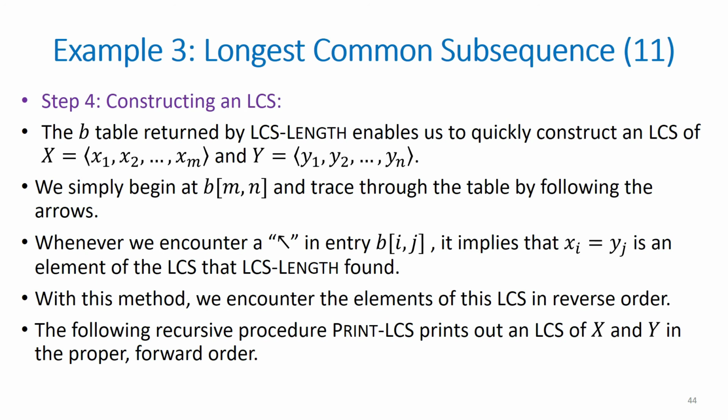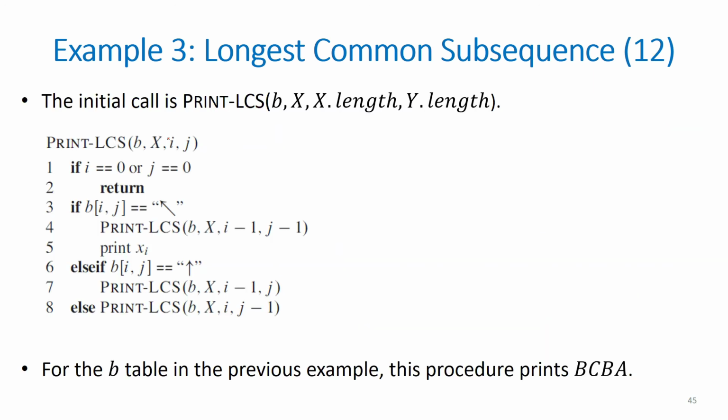To print it out in the correct order, if you want to implement the procedure LCS-LENGTH, you will need to use the procedure called PRINT-LCS as shown next. The procedure takes as input the B table, the sequence X, and the lengths of both sequences X and Y. If they are empty sequences, it exits.